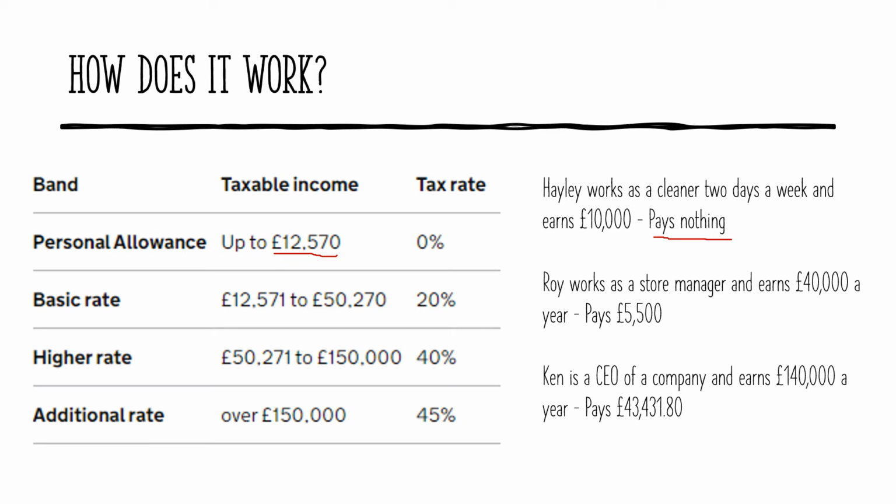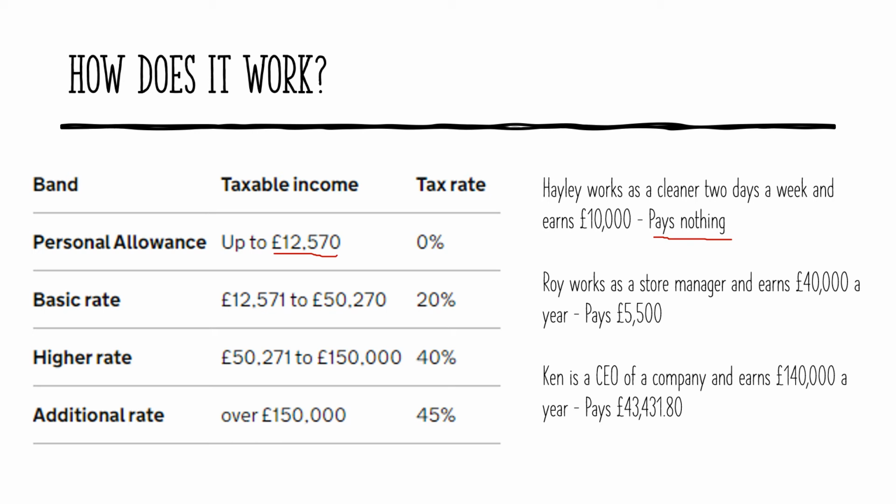Roy works as a store manager and earns 40,000. He pays 5,500. So what you do is the amount that's between 12,571 and 40,000, about 27,500, he'll pay exactly 20% on.